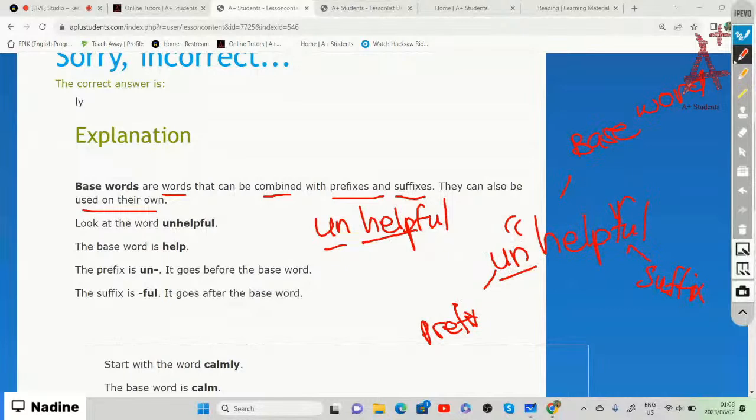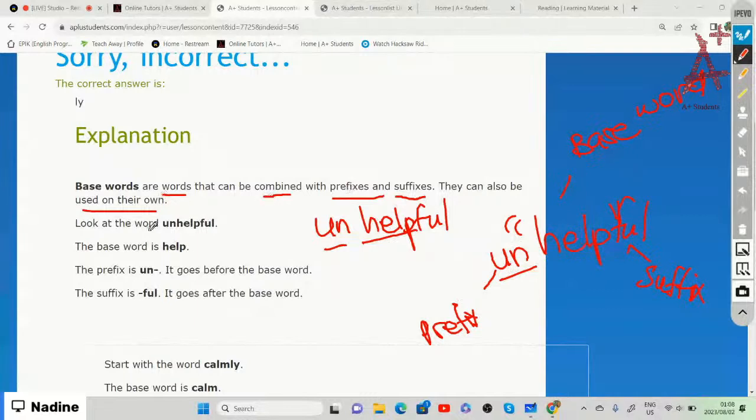If we add letters after the base word, we call that a suffix. So it's either a word or letters that are added after or before the base word.